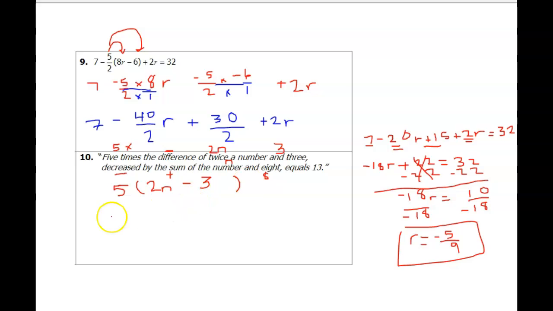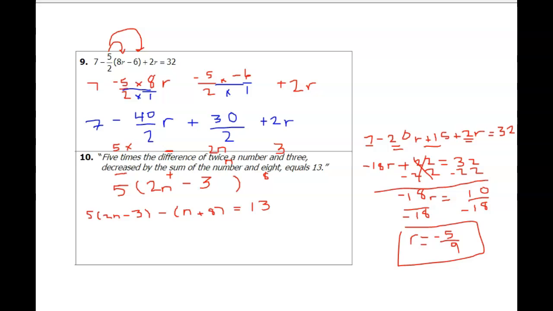Okay, so let me move this 5 times 2n minus 3 over here. So 5 times 2n minus, and Alejandro said decrease by is a subtraction, and then we're subtracting n plus 8. And all of this equals 13.